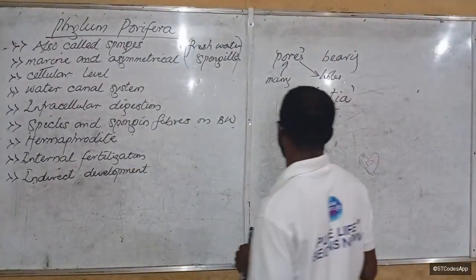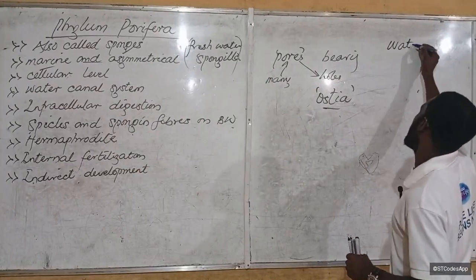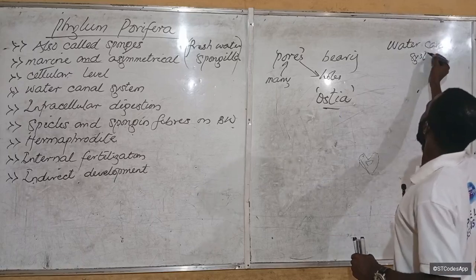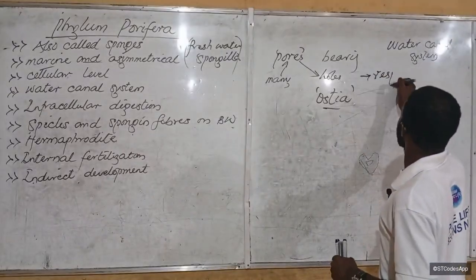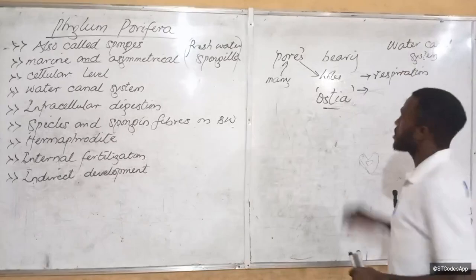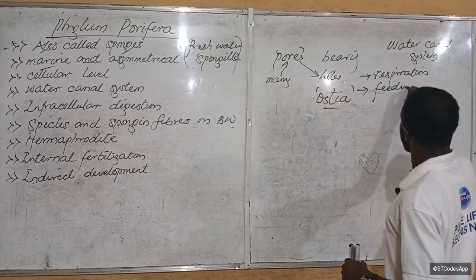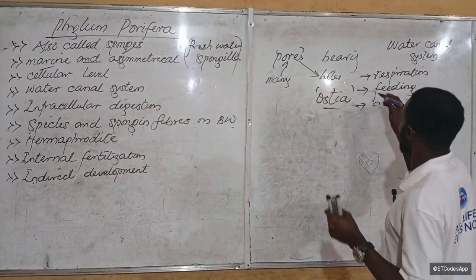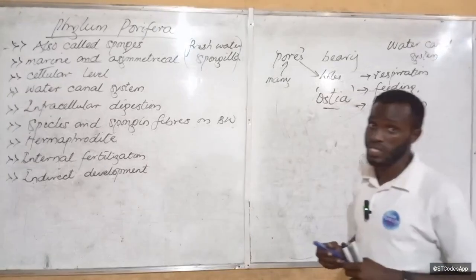Now, this water canal system, WCS, helps in respiration. It also helps in feeding, so it brings in food, and it also helps in excretion, removal of substances from the body.